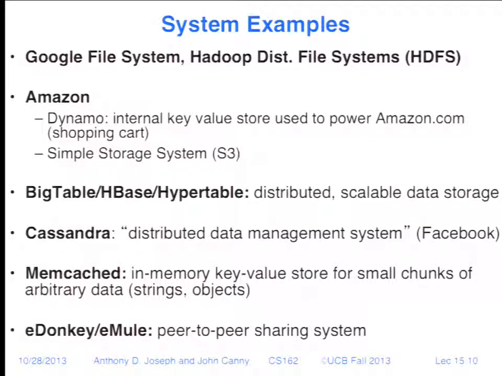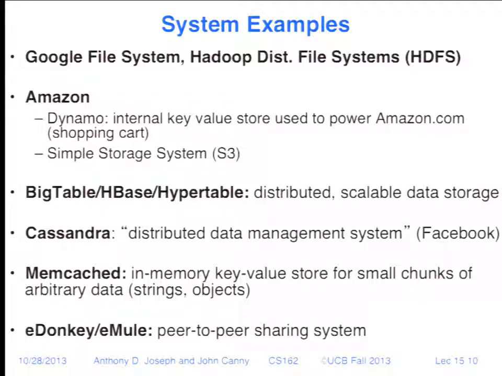Amazon uses a variety of key value stores. Bigtable and HBase are somewhat customized key value stores, again in a key value format. You can layer on richer structures to represent relational data with those.